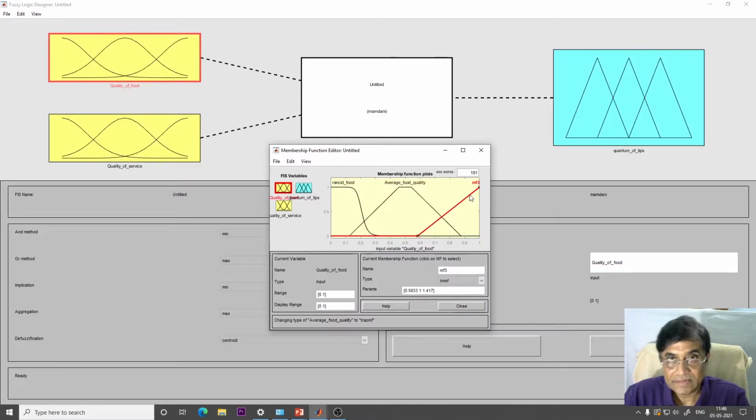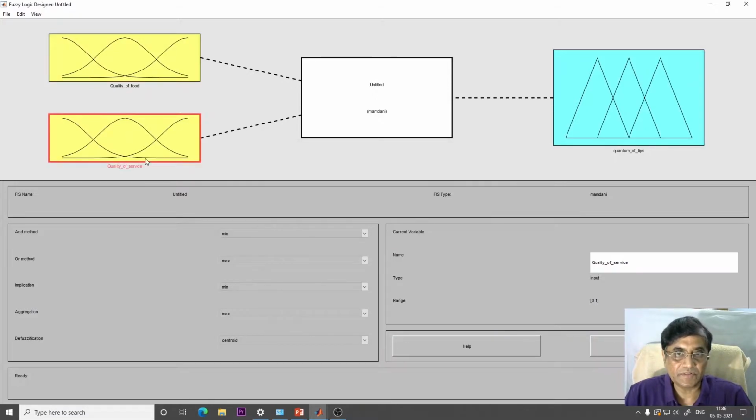So it's my decision. I am the designer, so the tool is giving me a lot of freedom. Now I am saying that this could be my excellent food quality, and I am using this function. So now I have fuzzified my quality of food with the membership functions.